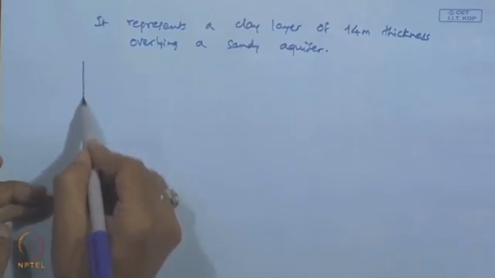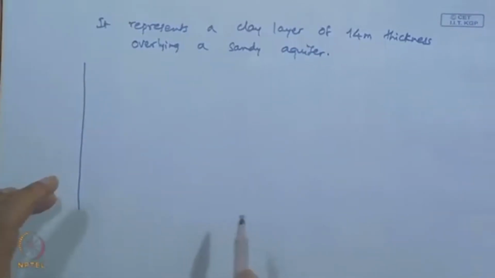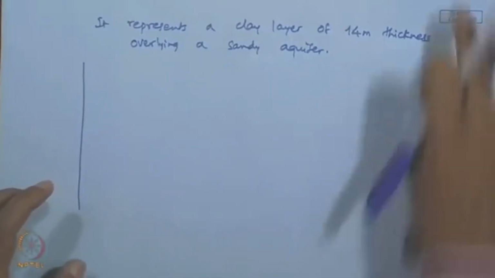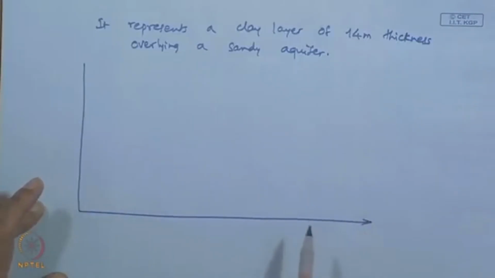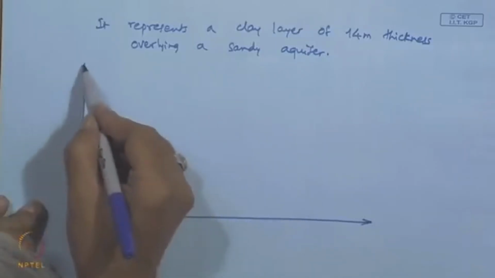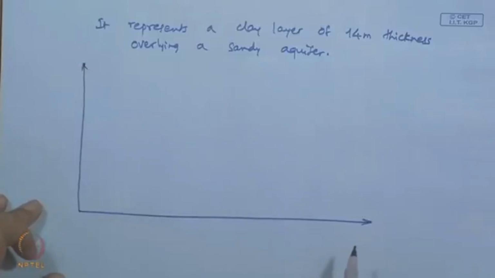So, here also, this is a semi logarithmic plot, and in this case the horizontal scale is in terms of distance.